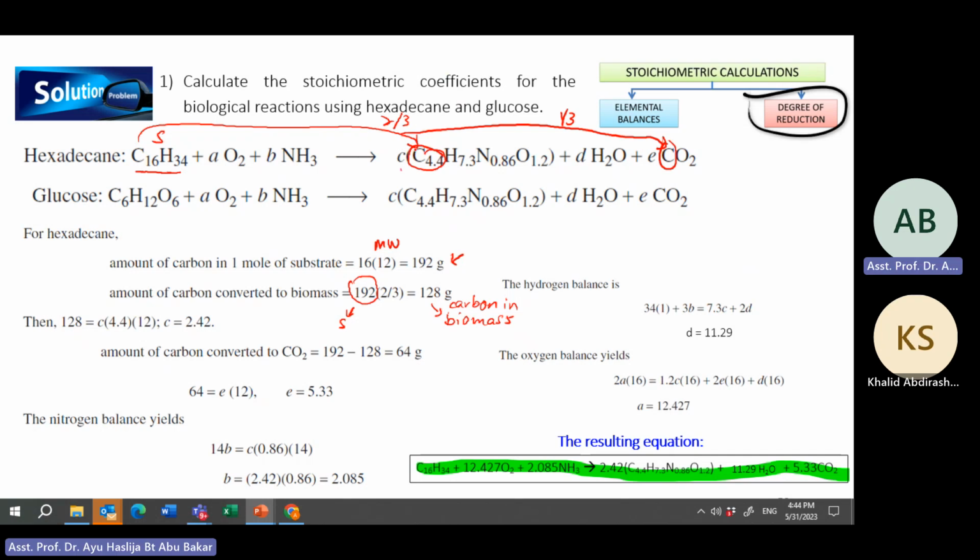That means the whole thing over here equals 1 to 8 on the biomass. 4.4, the carbon, multiplied by C, the mole of the biomass, multiplied by the number of carbon, multiplied by the molecular weight of carbon. 4.4 is the number of carbon in biomass.